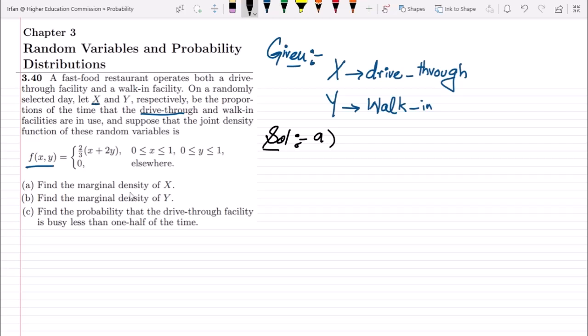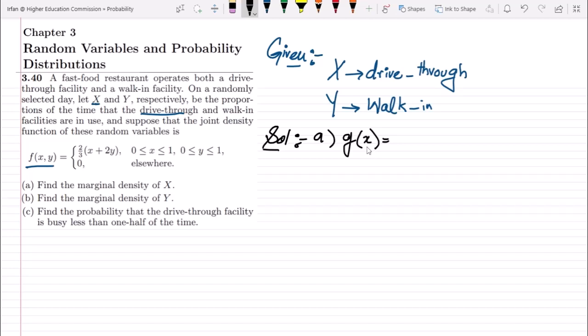To find the marginal density of X from f of x, y, let me represent it with g of x. In order to find it, we have to integrate the given function within the given ranges, with respect to the other variable in which we are not interested.